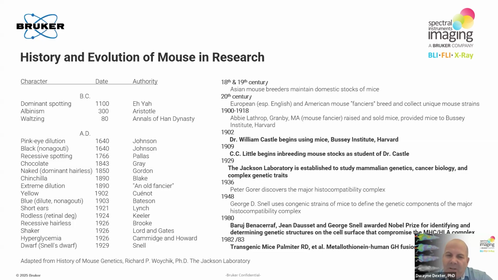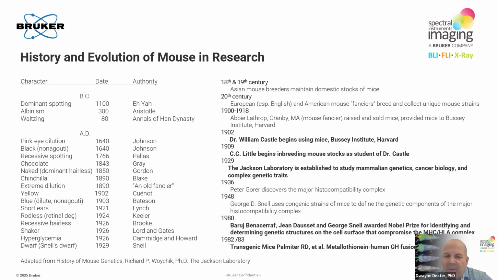Mouse research really started to take off in the early 1900s, where William Castle and C.C. Little, who was working in Dr. Castle's lab, really started to use mice to understand mammalian genetics. This really started to take a foothold, not only at Harvard, but then started to expand across other research institutions once the Jackson Lab was founded in 1929.